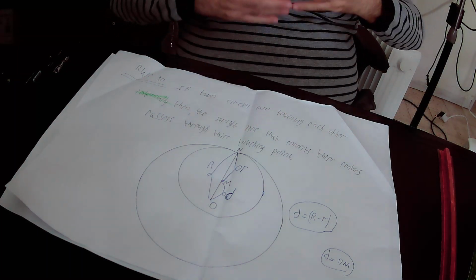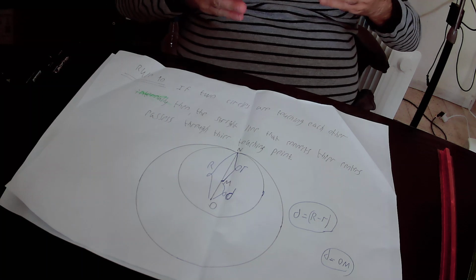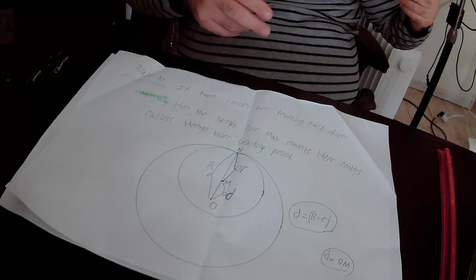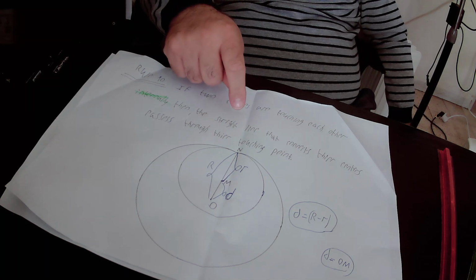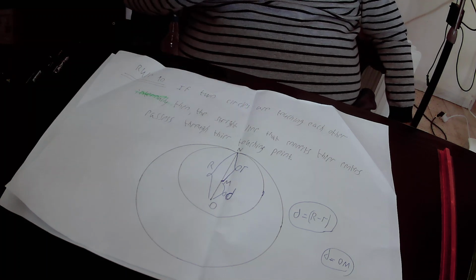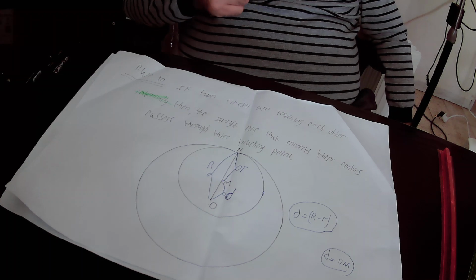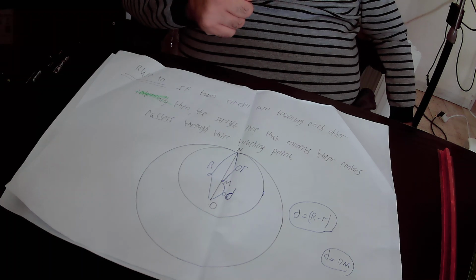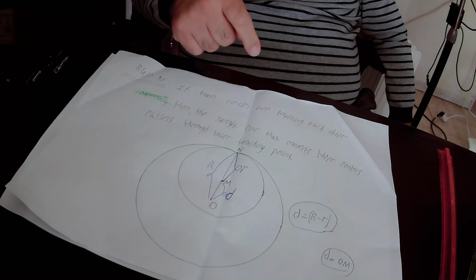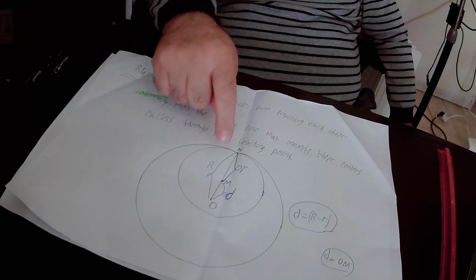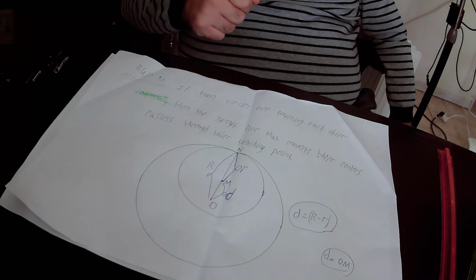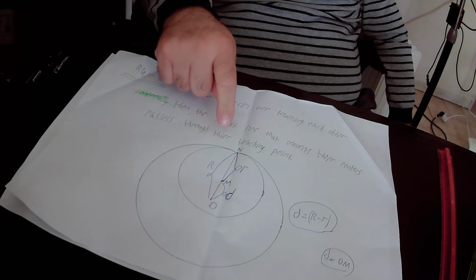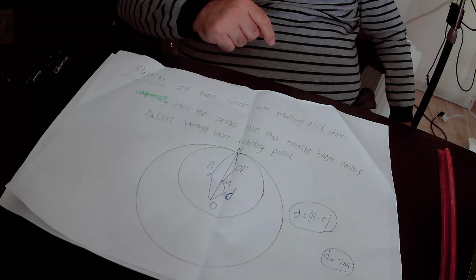So whenever you have an internal touch between two circles, that is to say they are touching each other internally, then the distance between their centers, MO, will be equal to the difference between their radii. In this case, it is capital R minus small r.